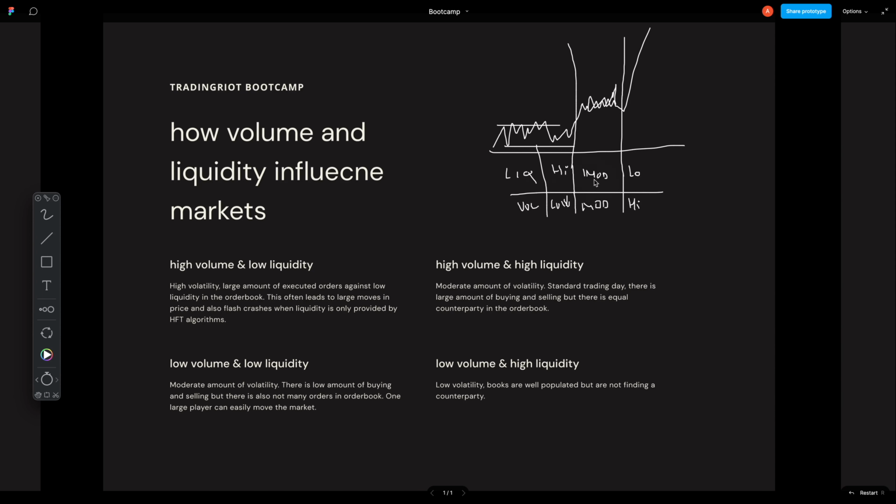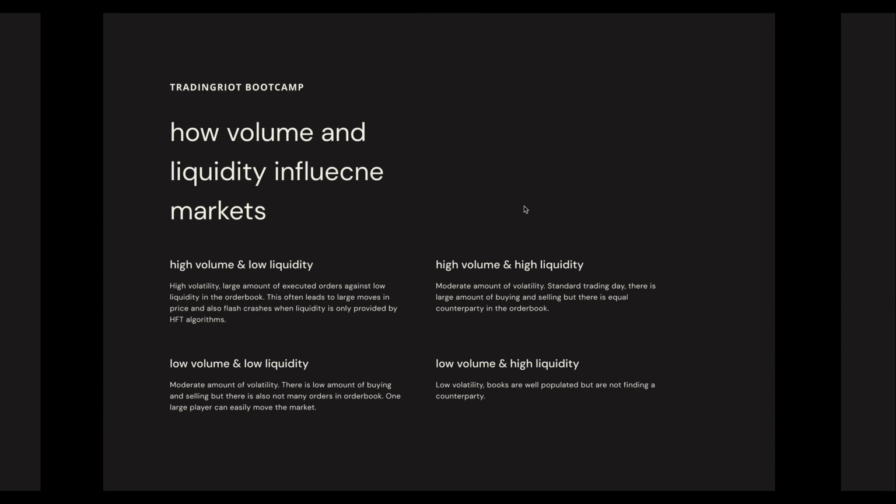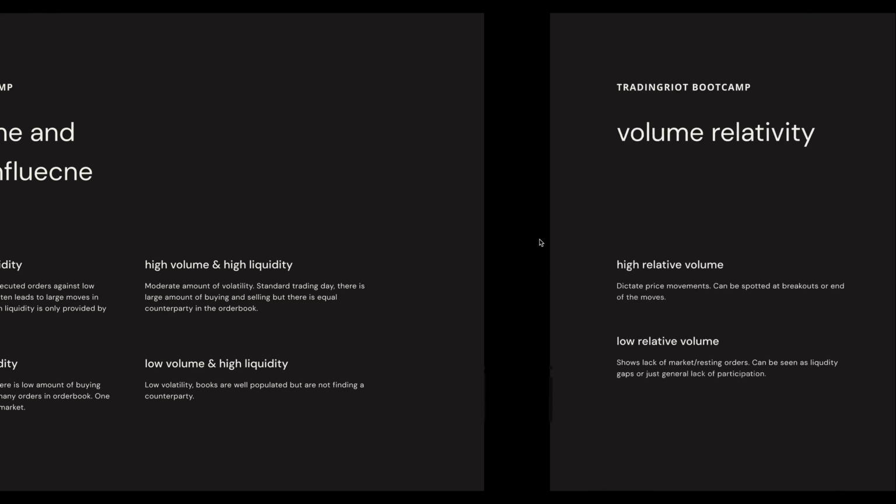Once again, not many orders are in the book, but there is a lot of incentive to buy or sell the market. So this is high, but this is quite low. This is good to understand because you will be able to determine the conditions you are currently in.